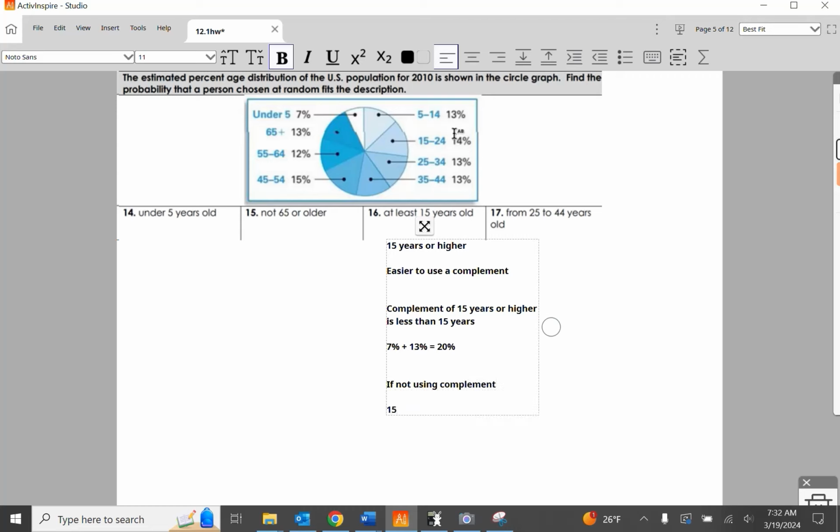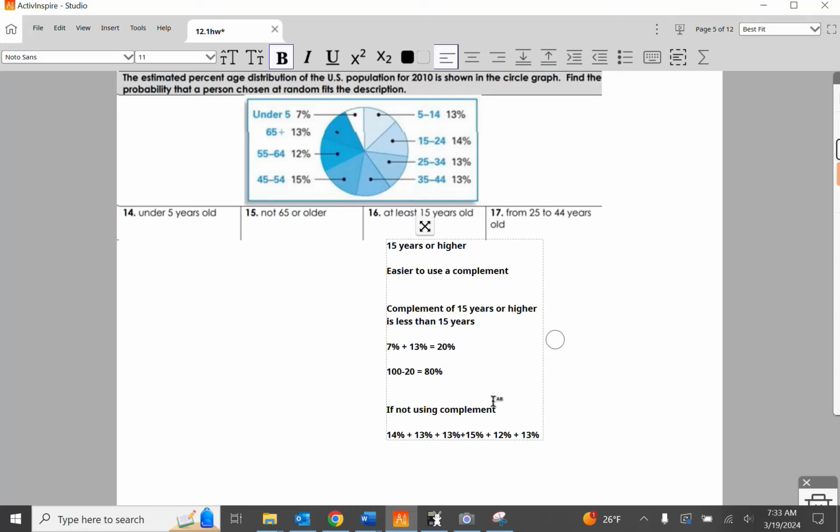Now, if you don't want to use the complement, you're going to have to go through and add everything together. There's a 14%, there's a 13. It happens twice. Then I got a 15, a 12, a 13. No, I didn't finish this. Now, if we do 100% minus 20%, we get 80.